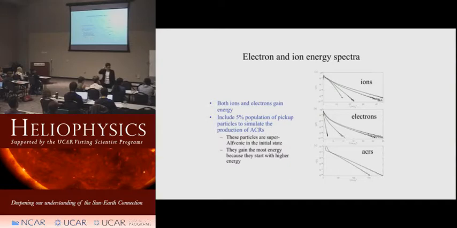It depends on the orientation of the magnetic field line. If B is along the normal, it's a parallel shock. If B is perpendicular, it's a perpendicular shock. But the particle is encountering the shock multiple times.